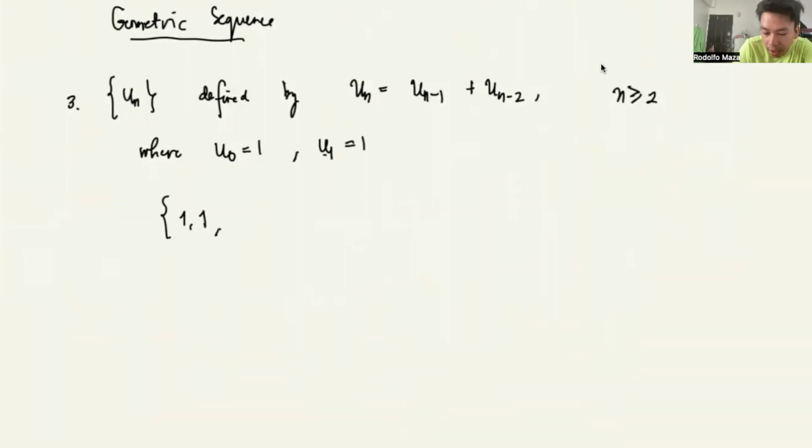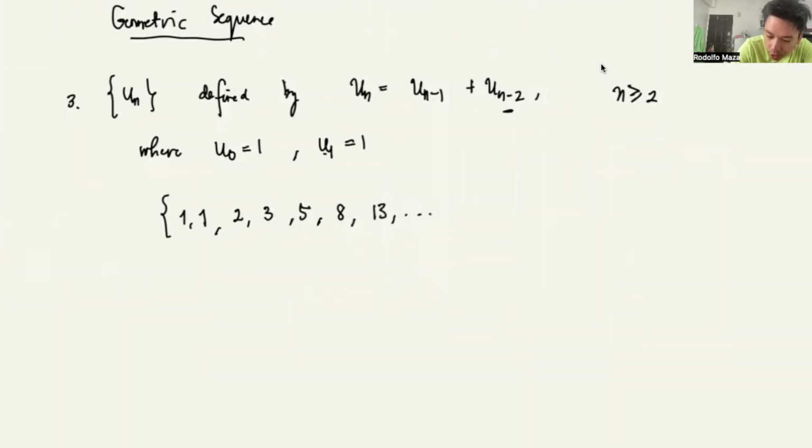So, ibig sabihin, meron tayong u sub 0 kasi ito yung pinakamababa. Okay, so that means u sub 0 is 1, u sub 1 is 1, u sub 2 is 2, u sub 3 is 3, and then next is 5, next is 8, next is 13, and so on. So parang nag-a-add kasi ng mga previous two terms. So this is one of the famous sequences then. In fact, it is called the Fibonacci sequence.